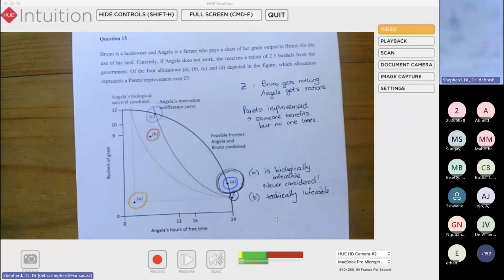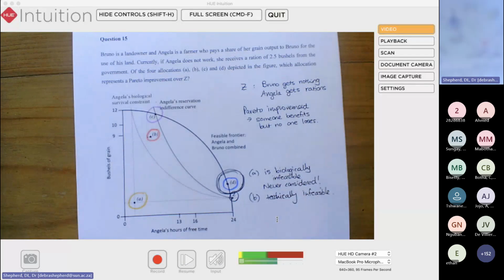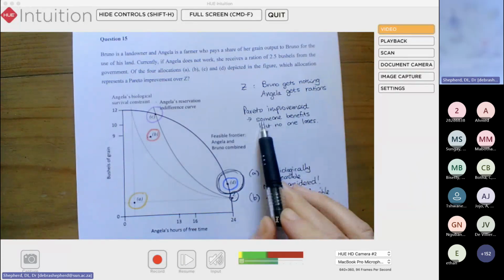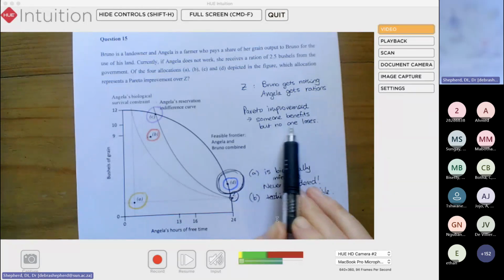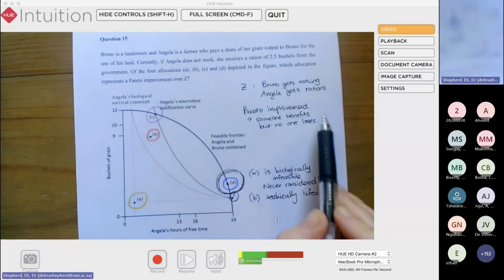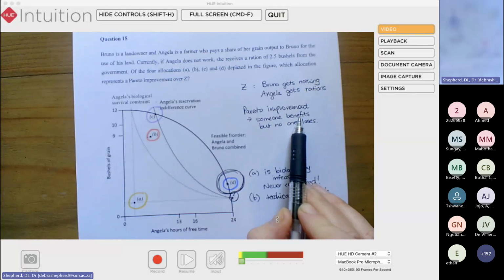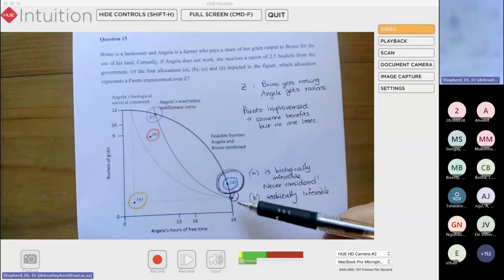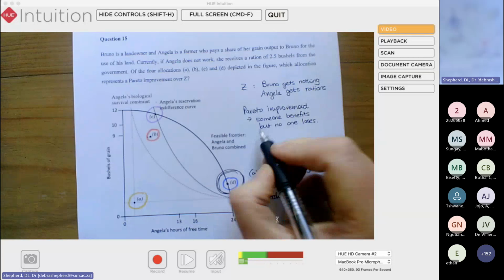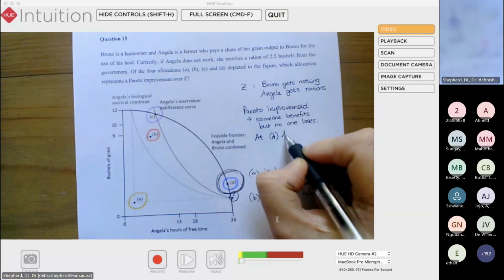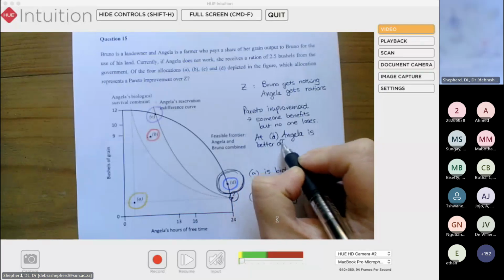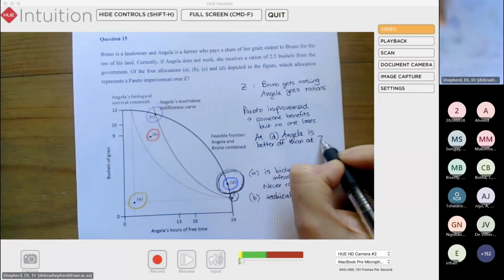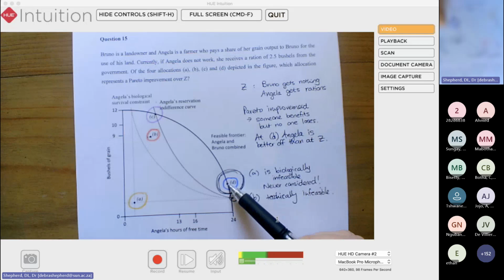D represents a Pareto improvement over Z. Is it clear why? Please repeat why D, okay? So remember, Pareto improvement means someone benefits, so someone is able to be better off, but no one has to lose in order for that person to be better off. So if we look at D compared to Z, at D, Angela is better off than at Z. And the reason why is because D lies above her reservation indifference curve.